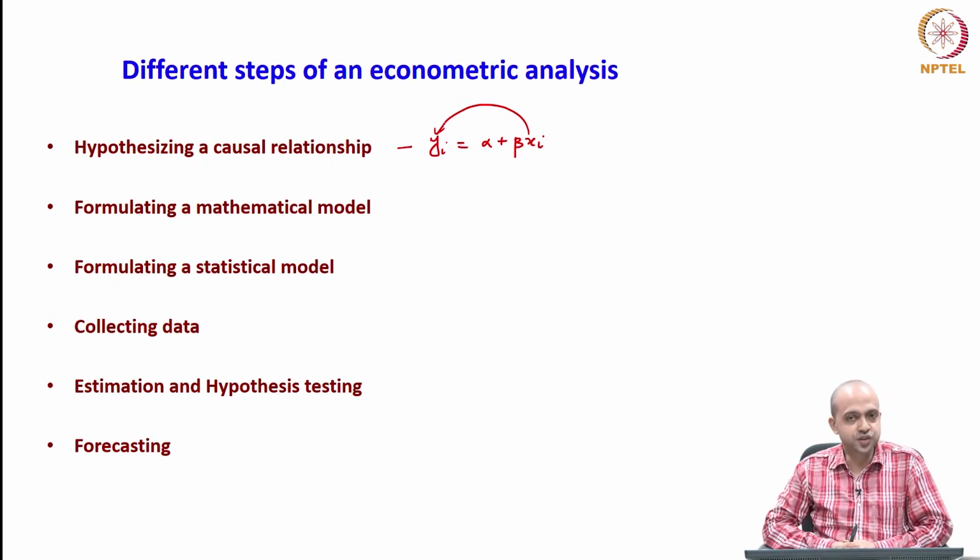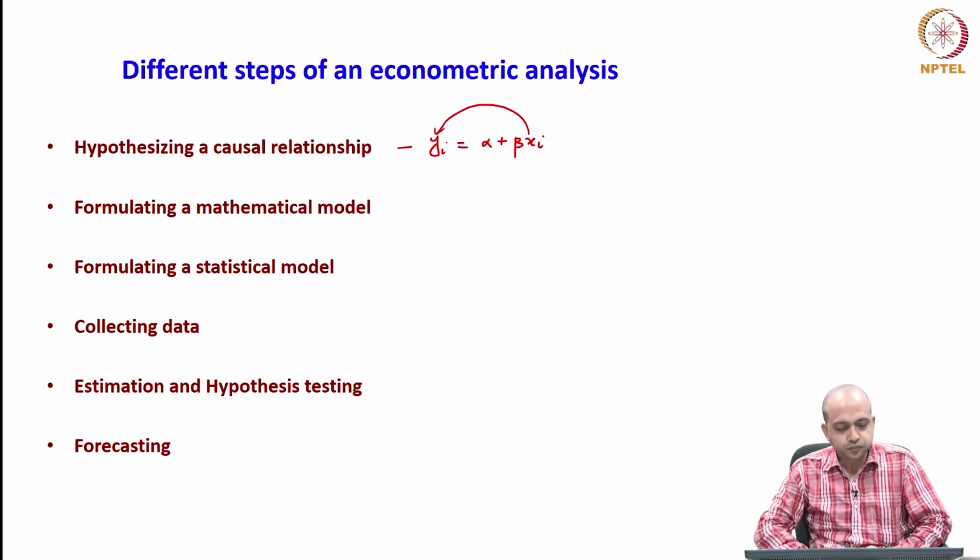If there is an increase in your income by 1 rupee, probably the individual's consumption will increase by 50 paise, 60 paise, 70, 80 or 90 paise. That means, less than 1 rupee. That is our hypothesis. Okay. And long back John Maynard Keynes made this hypothesis. That is why it is called the Keynesian consumption function.